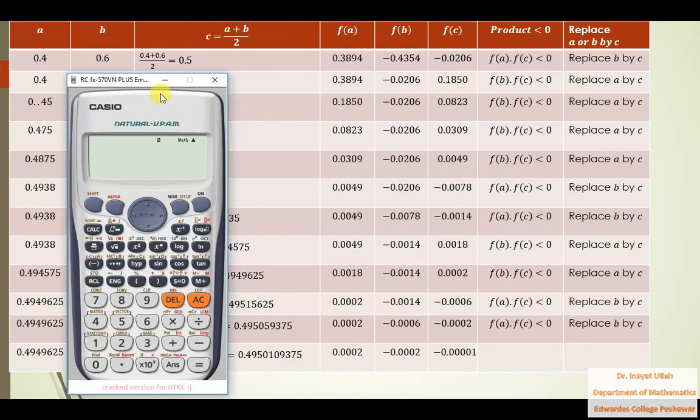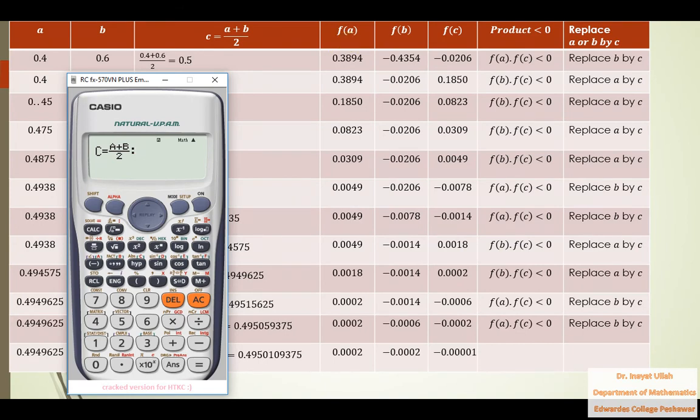So let us use this calculator. We need to put the value of c in the form, that is c is equal to a plus b divided by 2. And then put a colon sign here. Then we see that this is f of a, the given function.